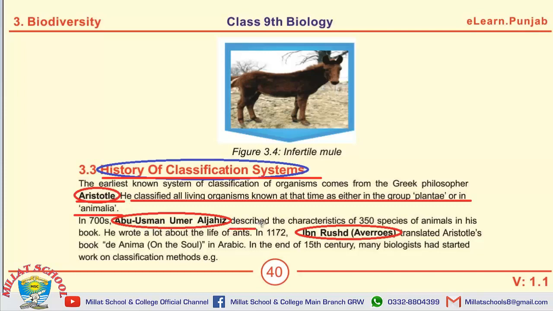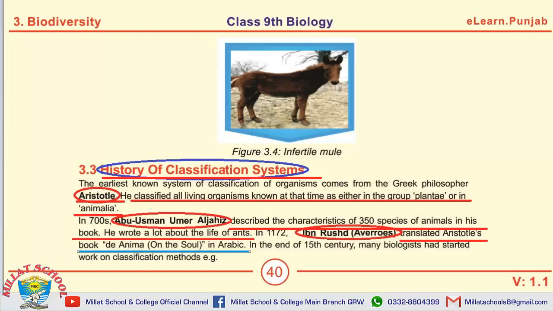He described the characteristics of 350 species of animals in his book, and he also wrote a lot about the life of ants. The third one is the contribution of Ibn Rushd. He translated Aristotle's book De Anima on the Soul in Arabic.